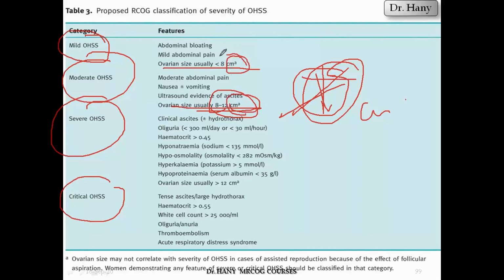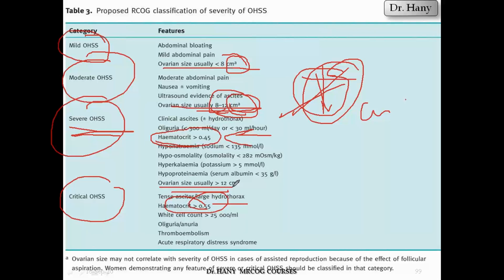Severe is more than this, or the hematocrit. So clinical ascites, oliguria, hematocrit will come in the exam. Critical hematocrit will come in the exam. So severe ovarian hyperstimulation: clinical ascites, oliguria, hematocrit, hyponatremia, hyposmolarity, hyperkalemia, electrolyte imbalance, hypoproteinemia, and ovarian size more than 12. So classify the question to manage it.